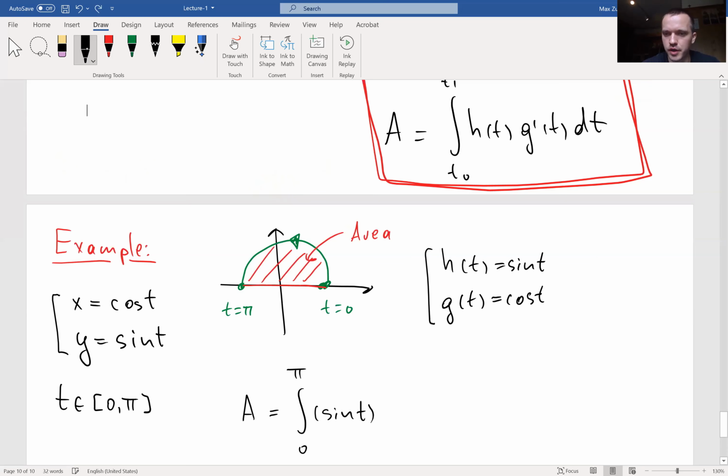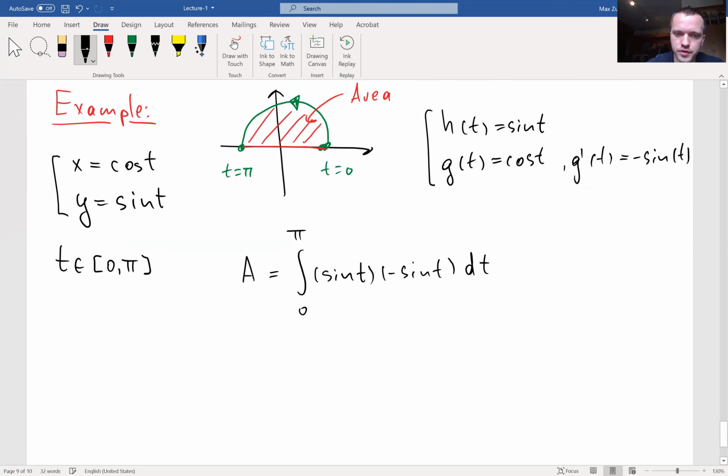Then I know that my g prime of t is equal to negative sine t. So I'm going to have negative sine t, and then dt. Okay. So after this, the integral is going to be the integral between 0 and pi of minus sine squared t dt.